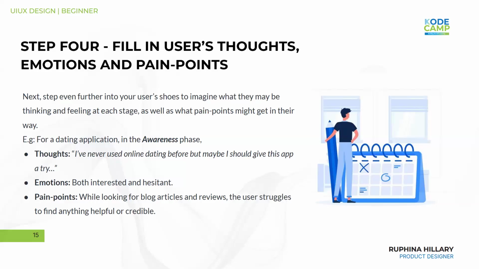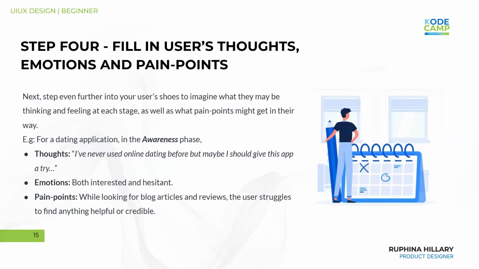What are their emotions here? They are both interested and hesitant. They have not used it before, so they're a bit skeptical and hesitant, but they're actually interested because they want to see what it offers them. Pain point: while looking for blog articles and reviews, the user struggles to find anything helpful or credible.